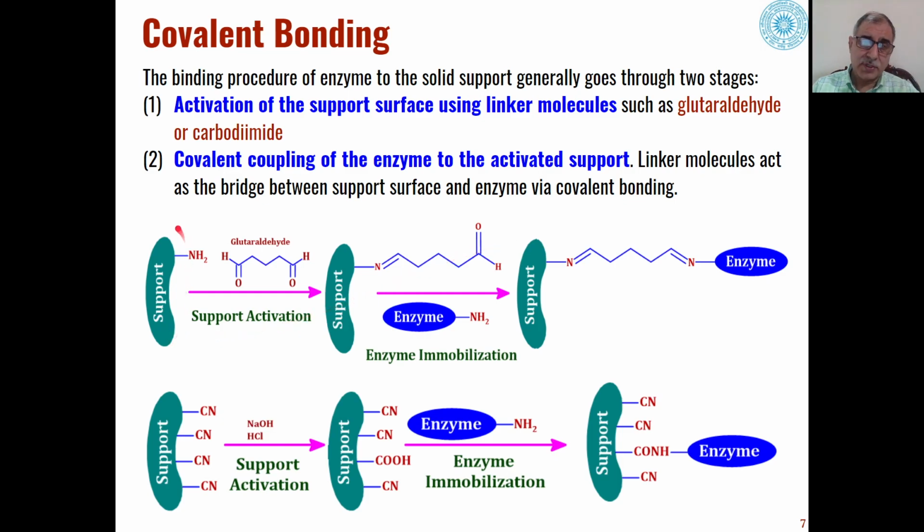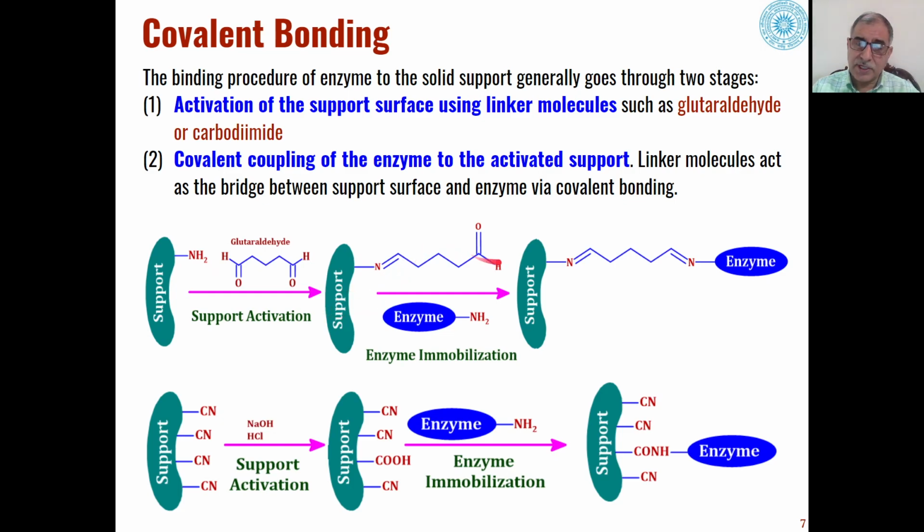So for example, say we are having this support, and on this support we are having these amino functional groups, and when we add glutaraldehyde to this support, what will happen? Because this is having an aldehydic functional group, this carbonyl will react with this amino group, and removal of water will take place, and a carbon nitrogen double bond will be formed.